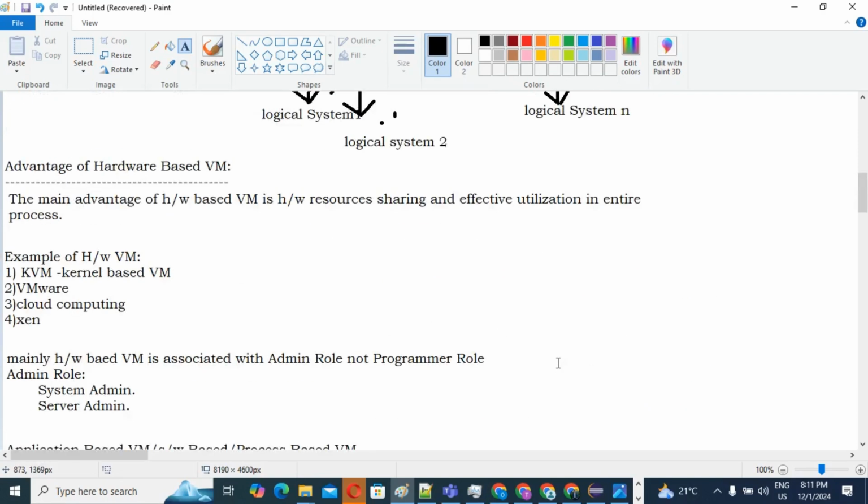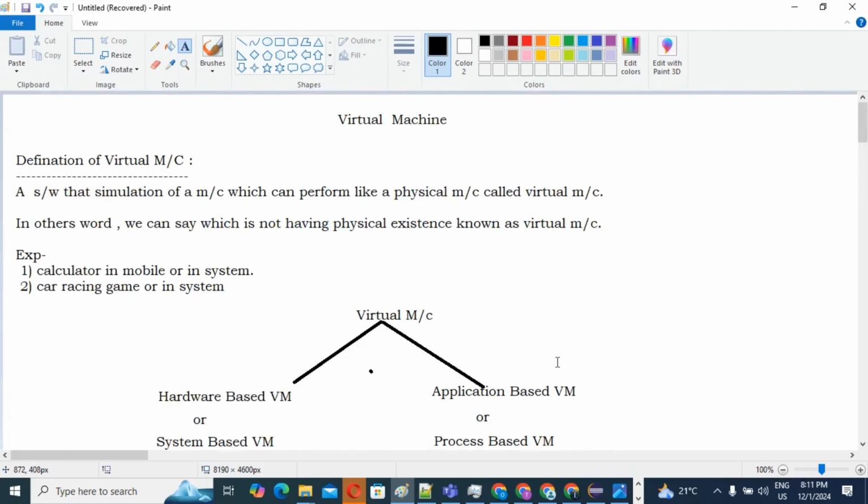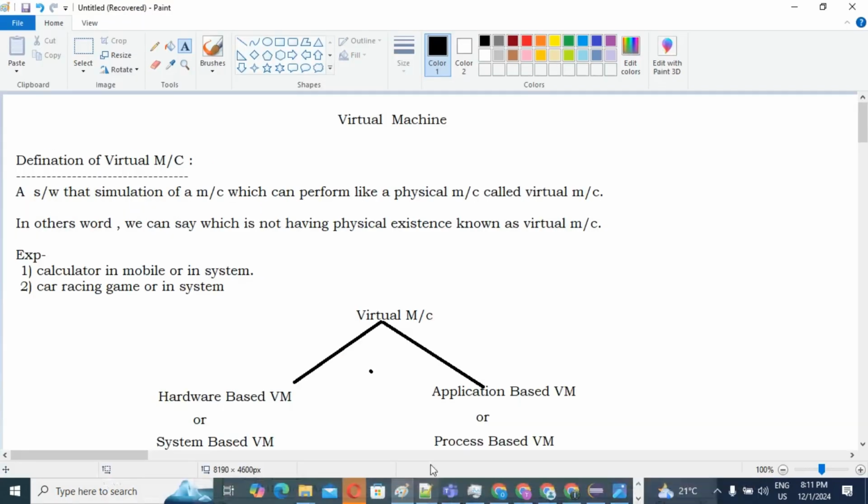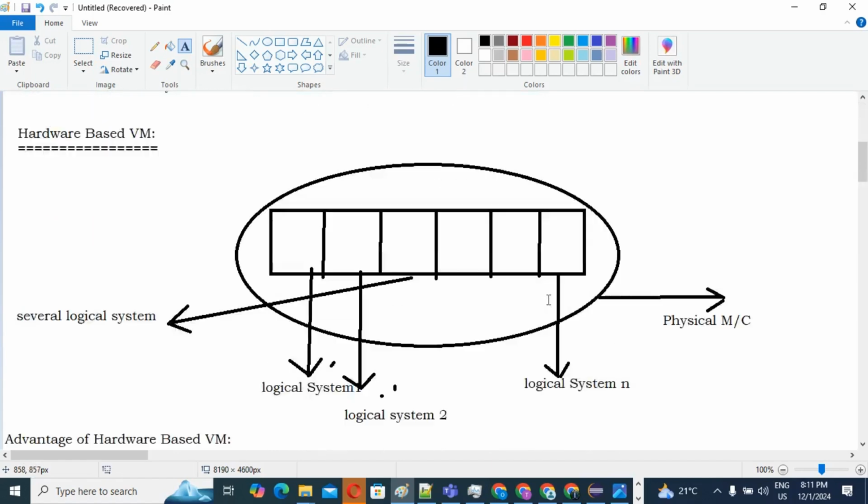This is complete information about virtual machines. I've explained what a virtual machine is and the types of virtual machines, one by one, in depth. If you know all these concepts, you can explain them very confidently in front of an interviewer, and you will never forget them.